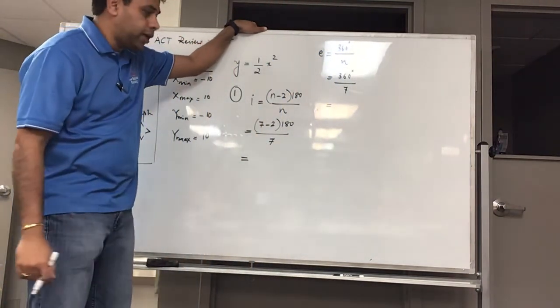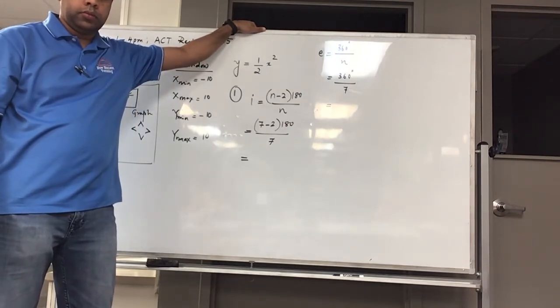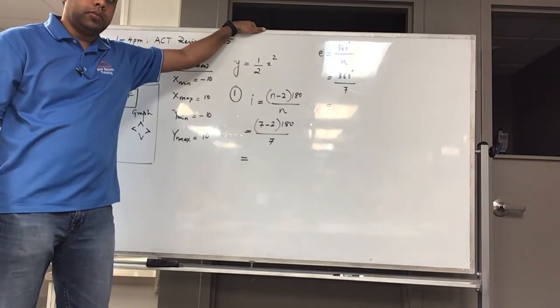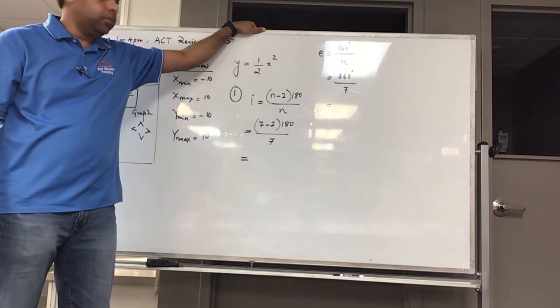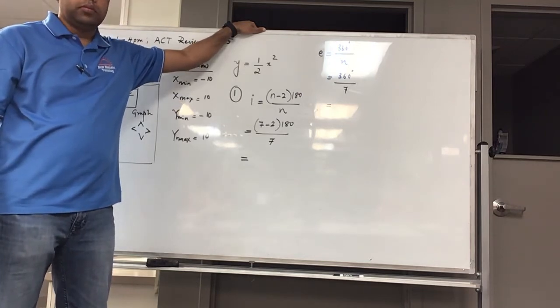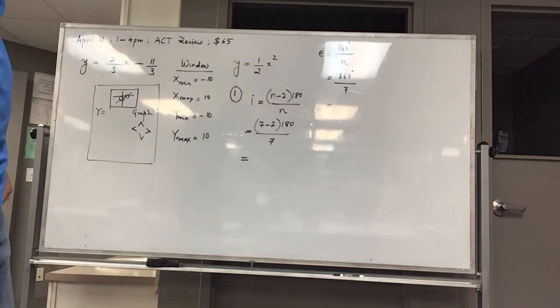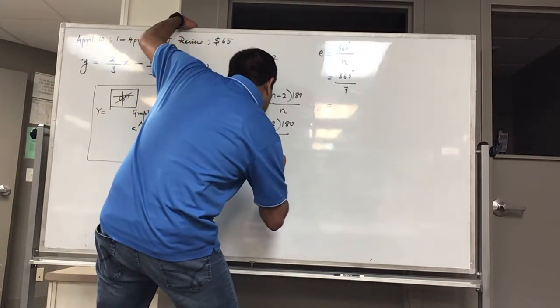What do you guys got for I? 900/7. Yeah, you can use that fraction mode, or in the ACT they will give it as 128.6 degrees.